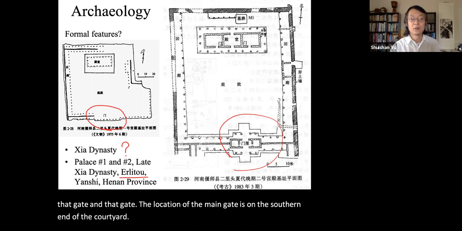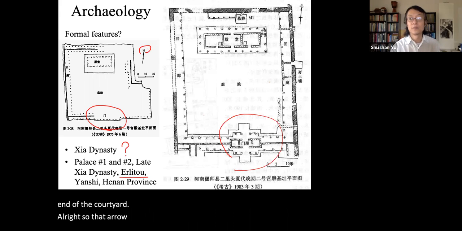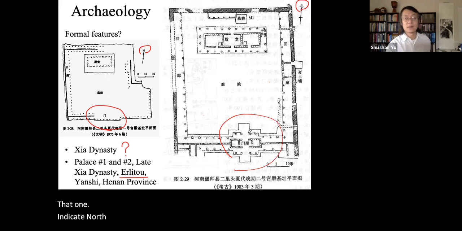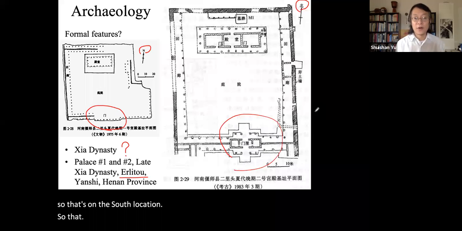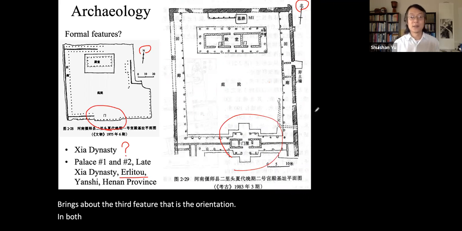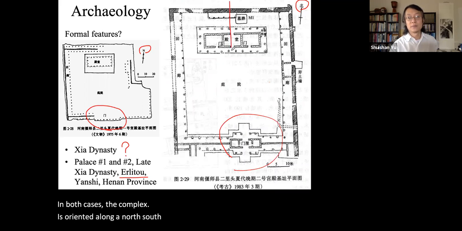That arrow indicates north. That one indicates north. So that's the south location. That brings about the third feature, that is the orientation. In both cases, the complex is oriented along a north-south axis, right?